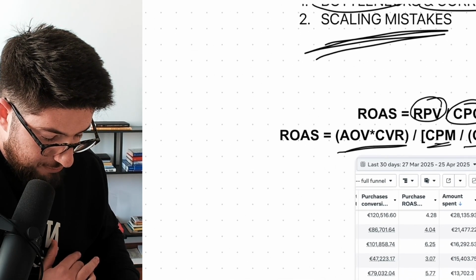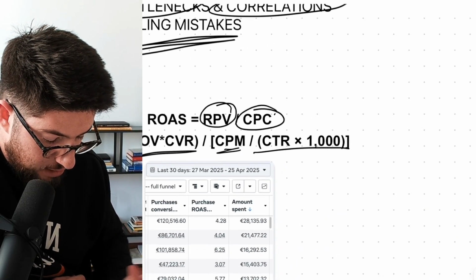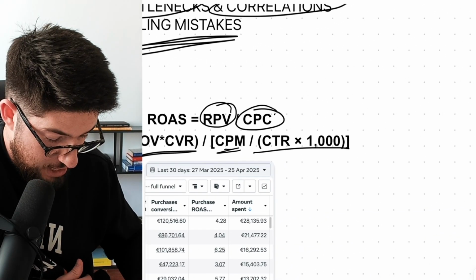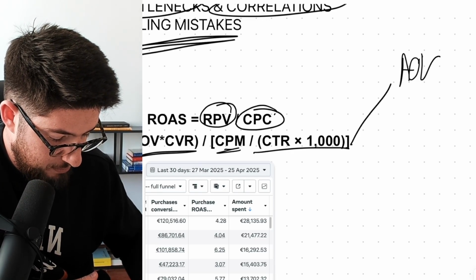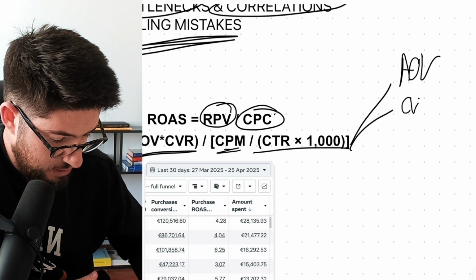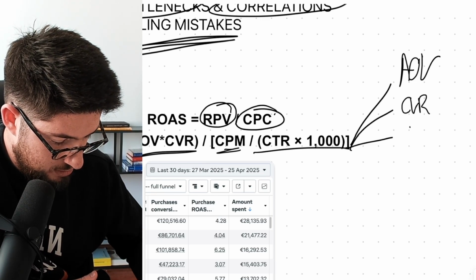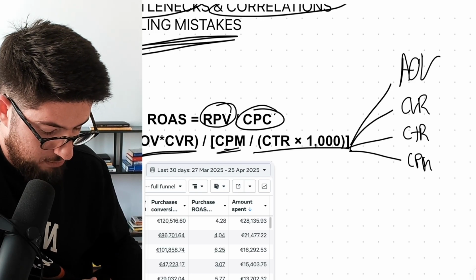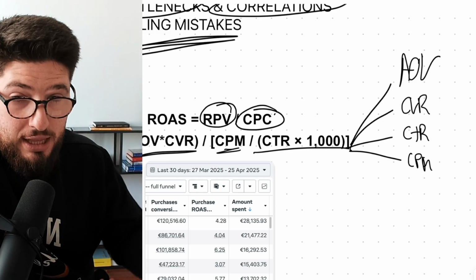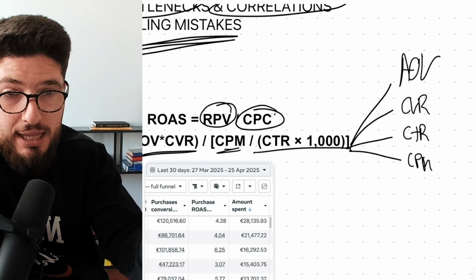What I'm trying to give you from here is an understanding of your ROAS and what the components of your ROAS are: AOB, conversion rate, CTR, CPM. AOB and conversion rate make up revenue per visit, and CTR and CPM make up the CPC.